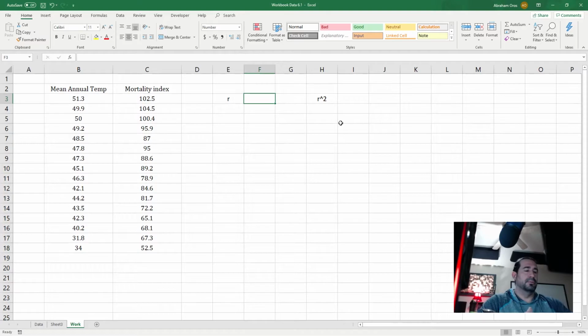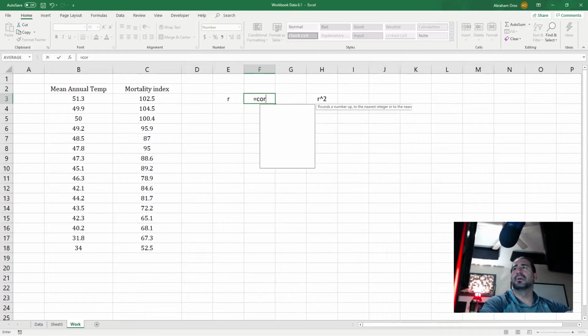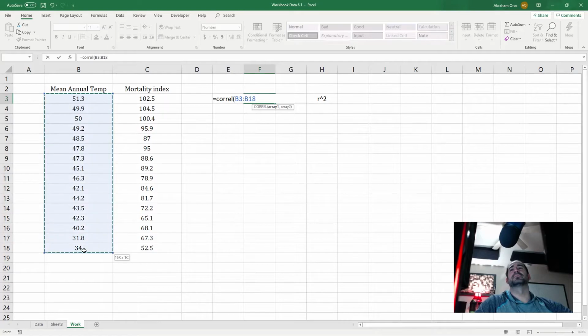To find the correlation for a set of data like this, we're going to say equals CORREL, parentheses. You'll notice here it says array 1 and array 2. For array 1, it doesn't matter which one we pick. We just need to make sure we pick the other one for array 2.